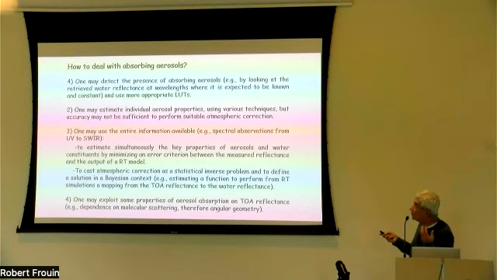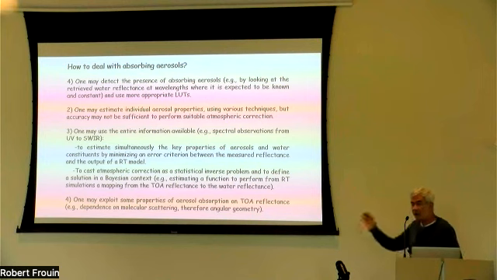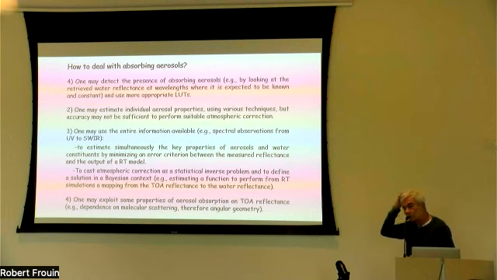What you can also do is to estimate the individual aerosol properties, which can be done using various techniques. What's important is, let's say the aerosol reflectance is basically proportional to the scattering albedo of the aerosols, the phase function of the aerosols, and the aerosol optical thickness.